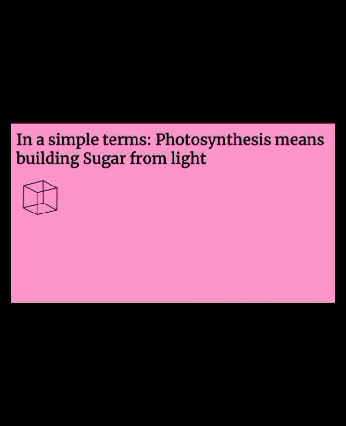Remember in the beginning of the video, I told you that the light which plants use in the process of photosynthesis comes from the sun, which is light energy. Now, the glucose that we are talking about has the chemical formula of 6 carbon, 12 hydrogen, and 6 oxygen (C6H12O6).